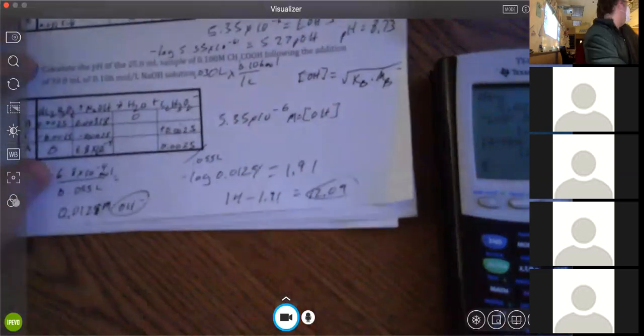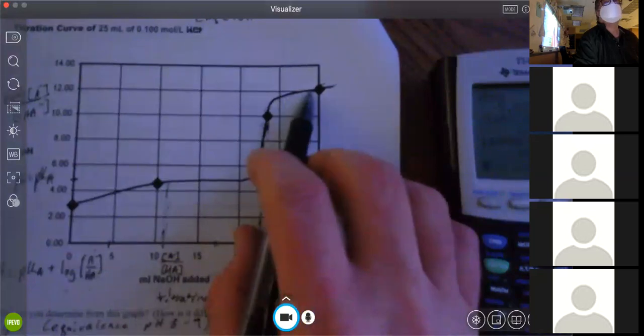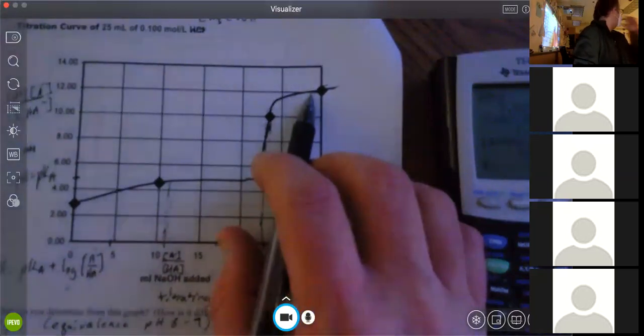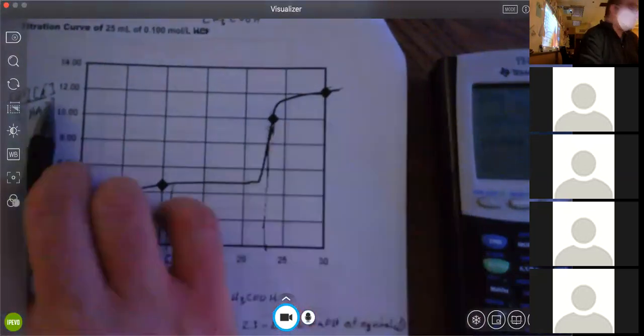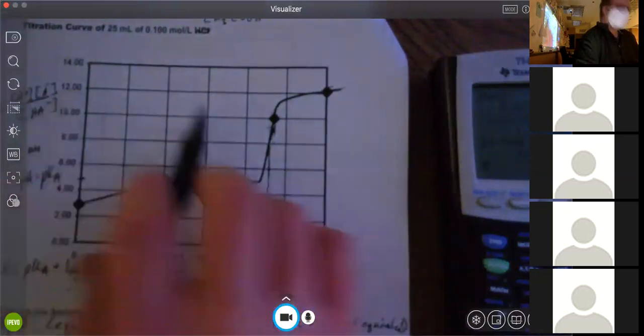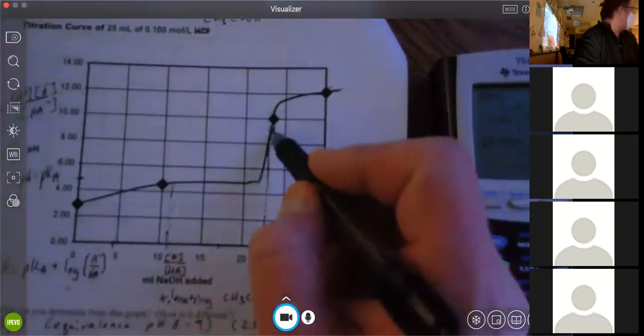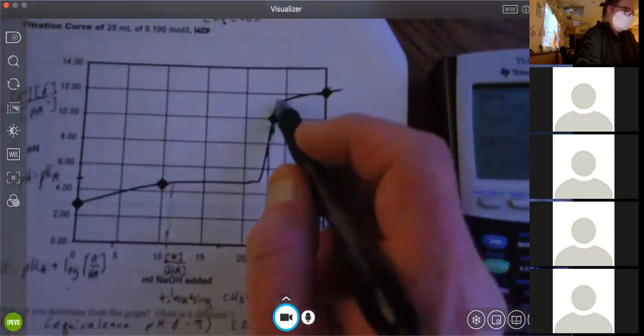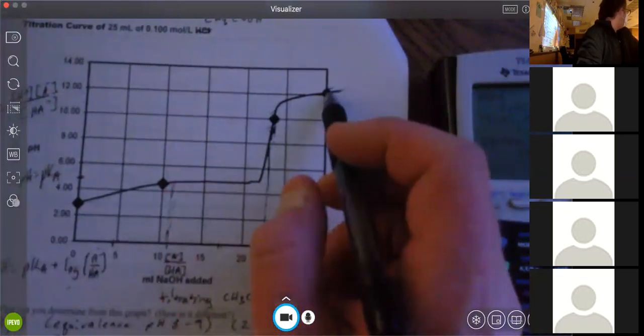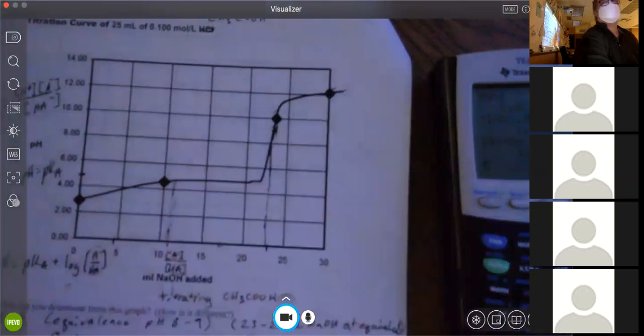Acidic or basic? Well, we are well into the basic range now. Take a look there. We're probably getting ready to plateau here. That is the 12.09. That's after our equivalence point has been reached, and we added more base than we needed. So that's where we're at.